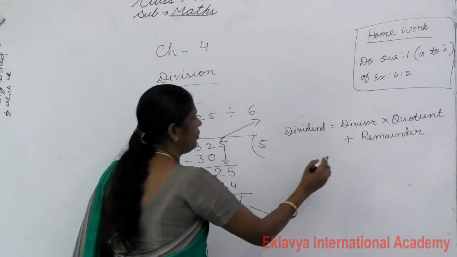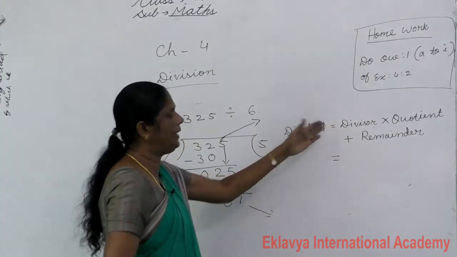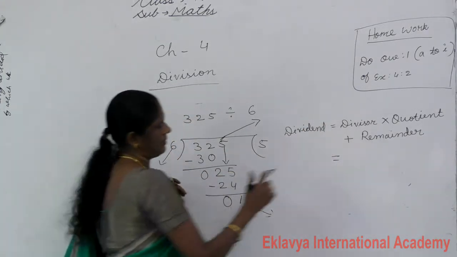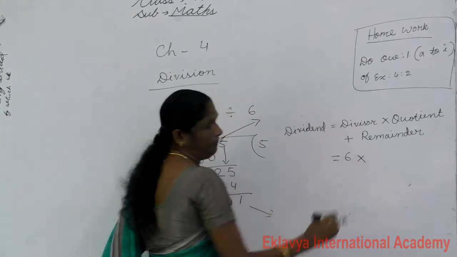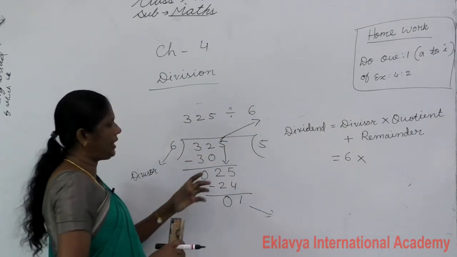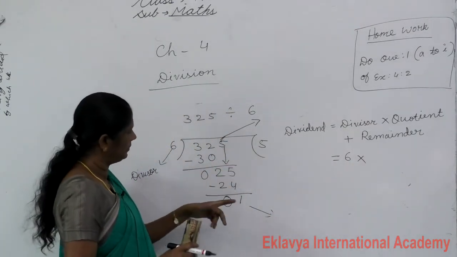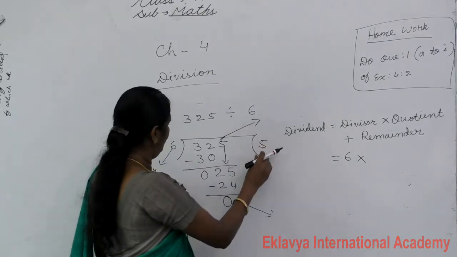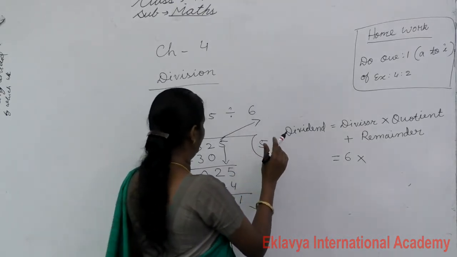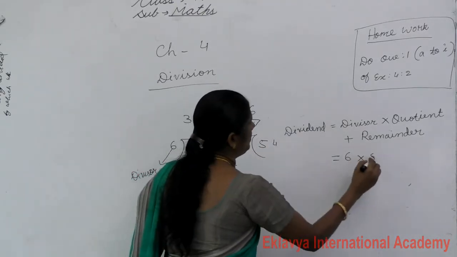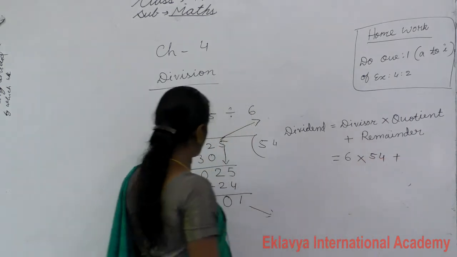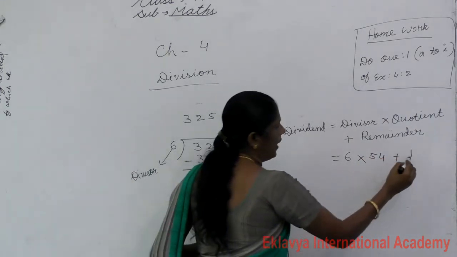Understand our question. What is our divisor? 6. Multiply our quotient 54. 54 plus our remainder 1.